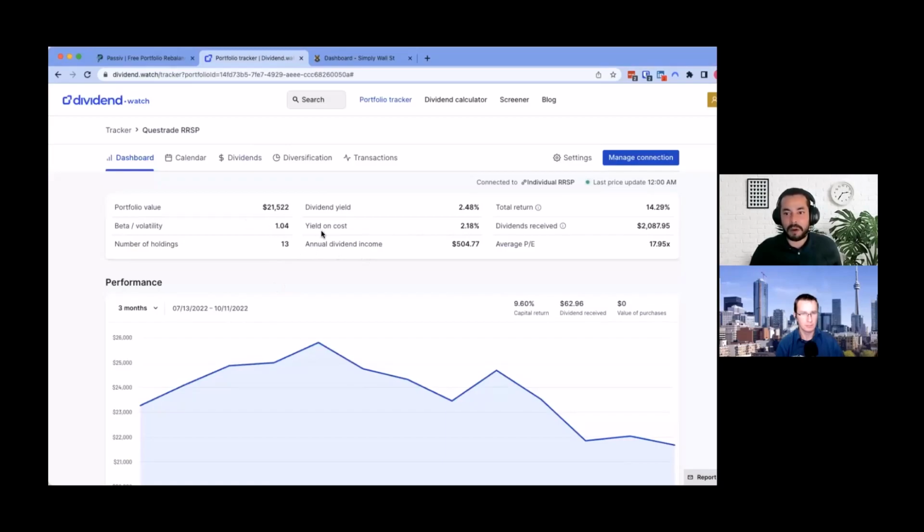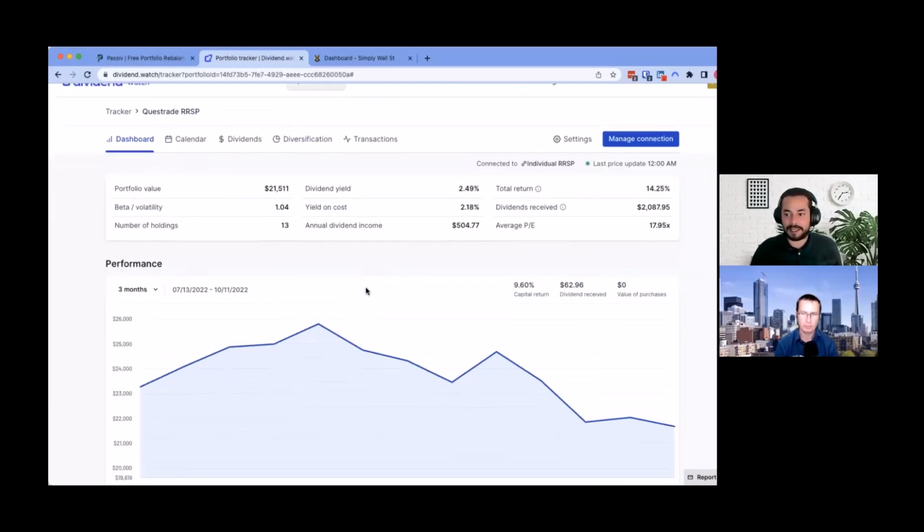What I really like about their portfolio tracker is that it not just tracks your portfolio, but it helps you understand exactly what annual dividend income you can expect to get from the portfolio that you have. And I think that's pretty cool because not only am I understanding how my portfolio is doing, but I'm also getting the returns on the assets that I hold.